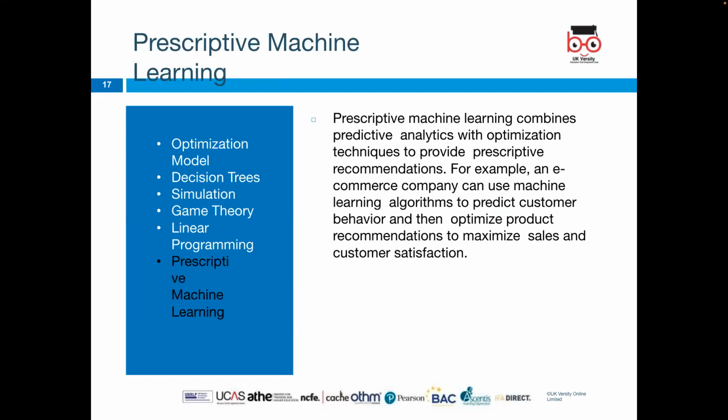The last one is prescriptive machine learning. This combines predictive analytics with optimization techniques to provide prescriptive recommendations. For example, an e-commerce company can use machine learning algorithms to predict customer behavior and then optimize product recommendations to maximize sales and customer satisfaction.